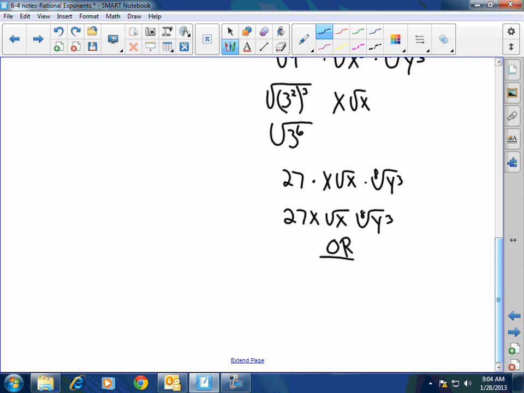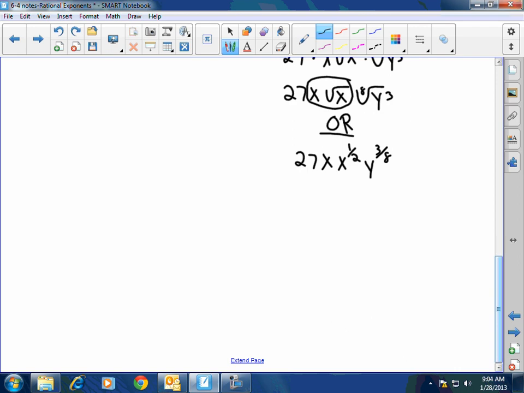Or, more commonly, more professionally, you're going to have to multiply these x's, right? So convert them. X times x to the 1/2 times y to the 3/8, which will then give you 27.